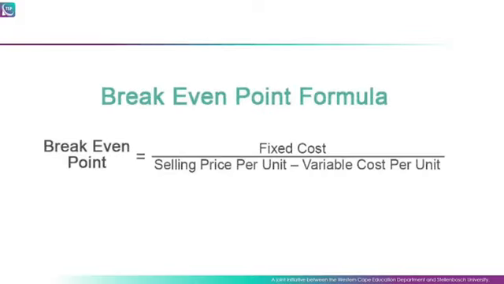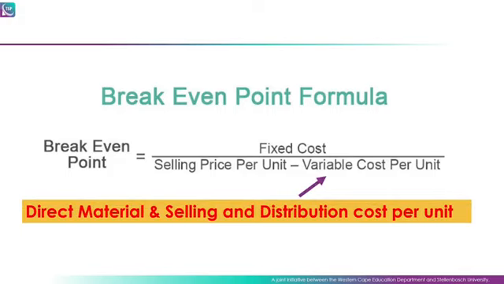You should know this. They will say fixed cost, and please take note, it's your total fixed cost, divided by the selling price per unit minus variable cost per unit. So please take note, your variable cost per unit will be your direct materials plus your selling and distribution cost per unit. Sometimes the selling price per unit minus variable cost per unit, they call it contribution cost.